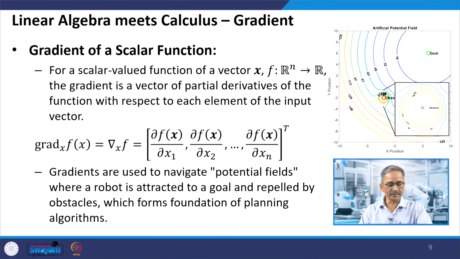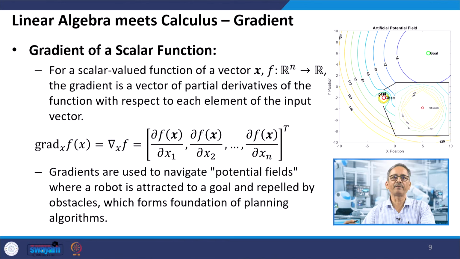Next concept is the gradient of a scalar function. This concept is very much used in robotics when a robot has to travel through an environment in order to reach the goal, where many obstacles are present.